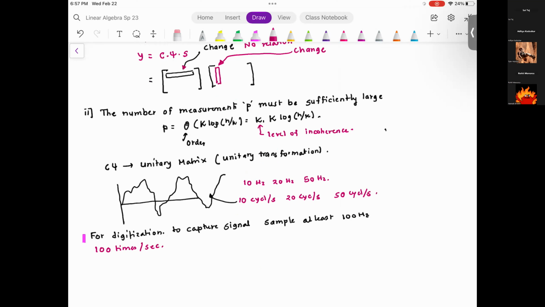Only then I'm able to capture these ups and downs or peaks and the valleys of this signal.